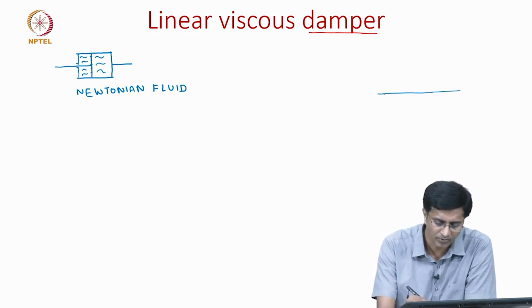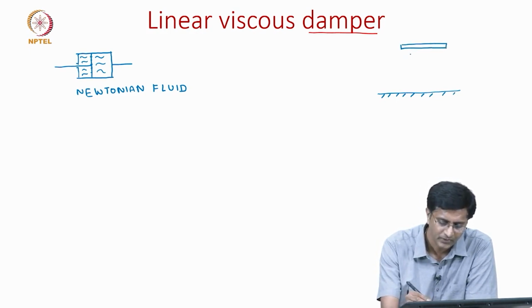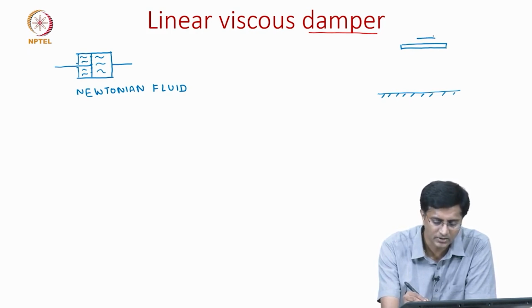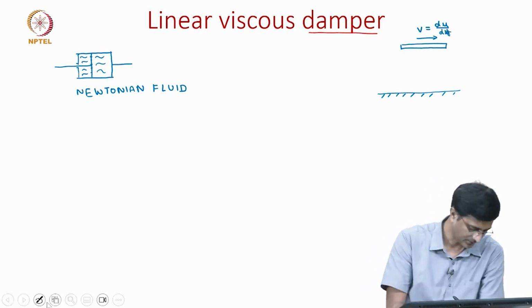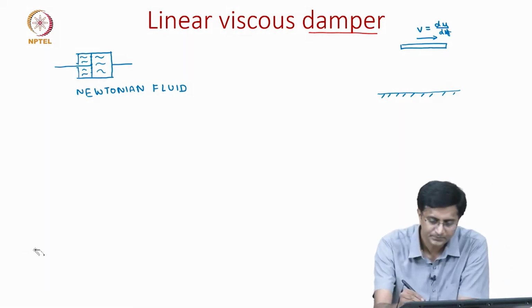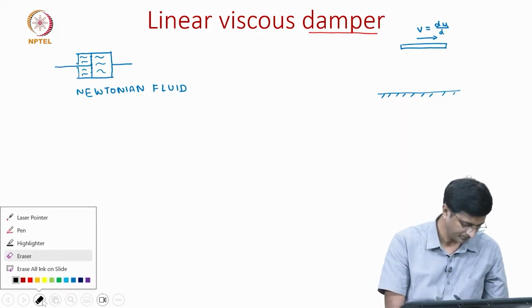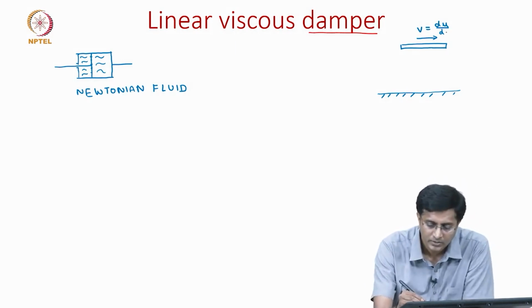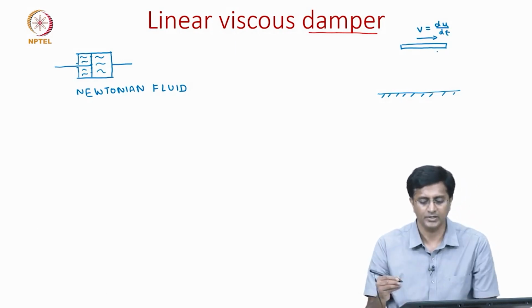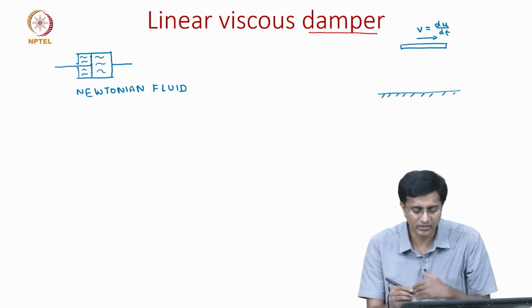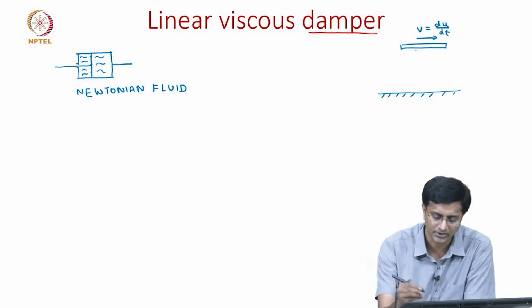Let us say this is the bottom which is fixed, and then we have this plate resting on fluid, and this plate is moved with a constant velocity v, which is given as du by dt, where u is the displacement of any point in this plate.